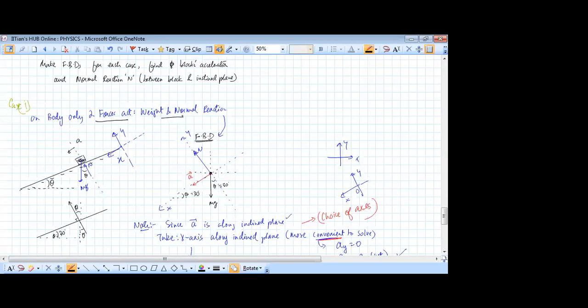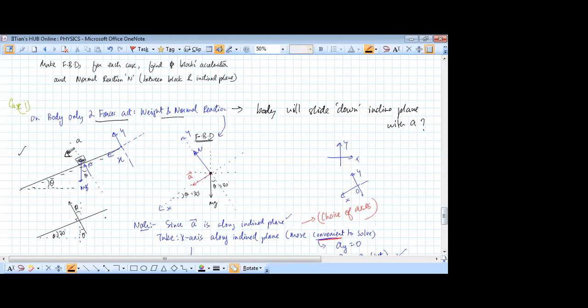So there are only two forces acting on it, weight and normal reaction. Under the action of these two forces, the body will slide down the inclined plane with acceleration a, which we want to find out.